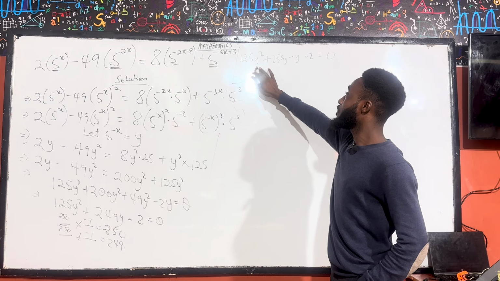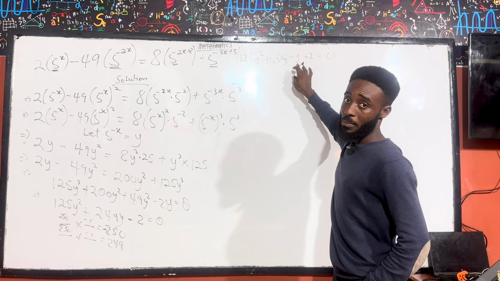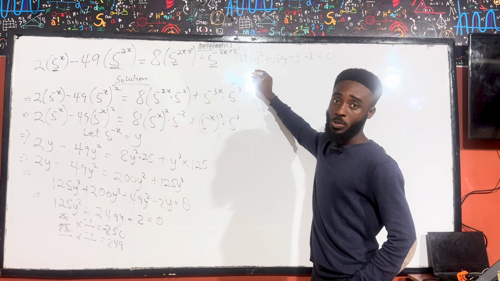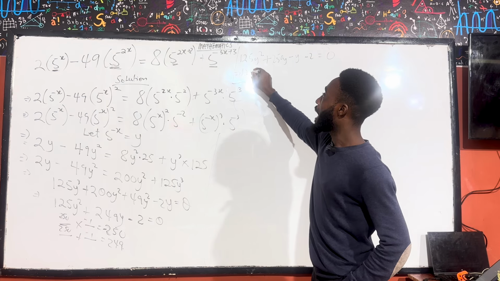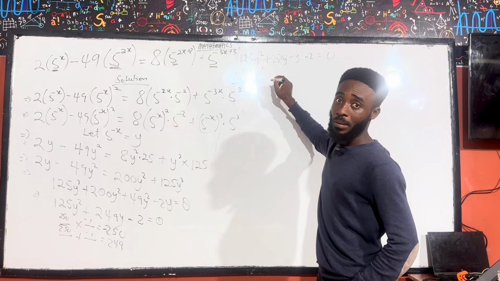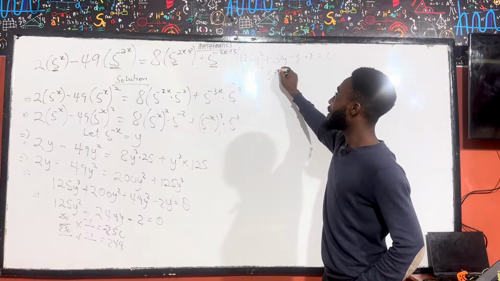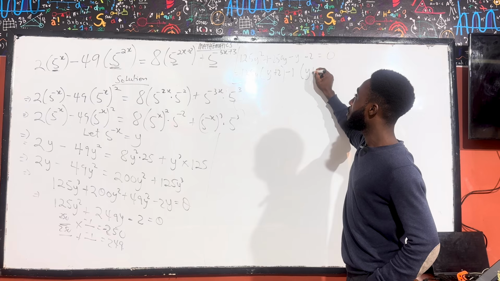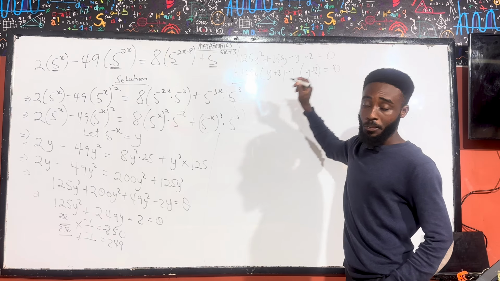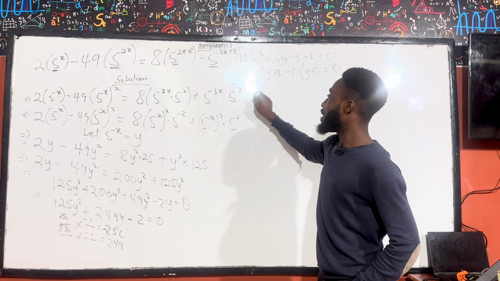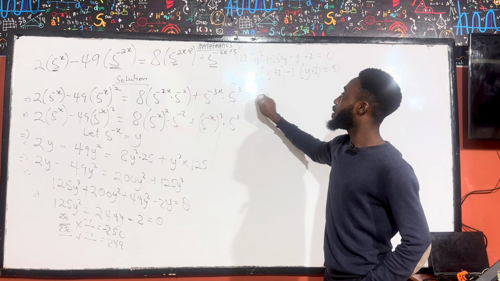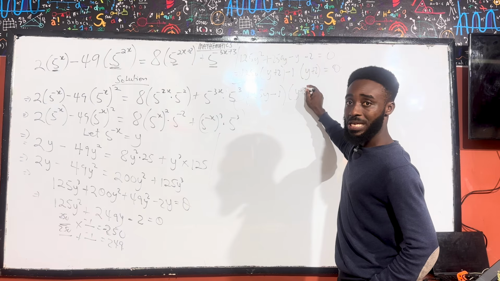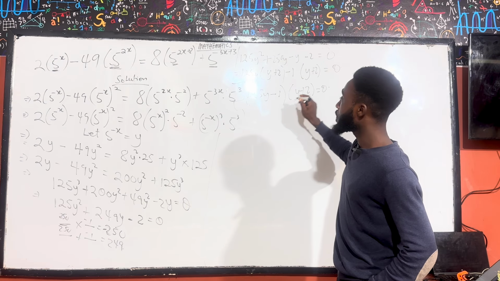Factoring, I have 125y here, and then (y + 2), then here minus 1 into bracket (y + 2) equals 0. So if I'm at this point, I can now say (125y minus 1) and then (y + 2), all of this equals 0.